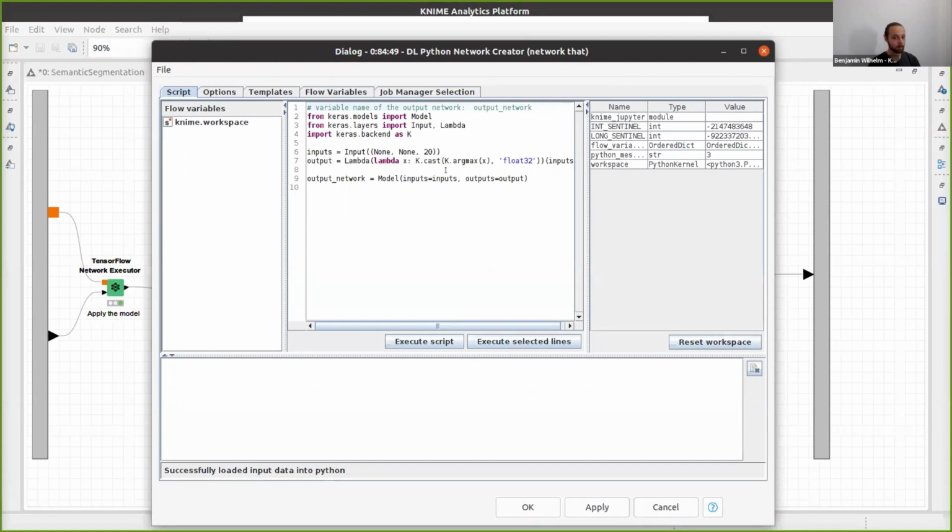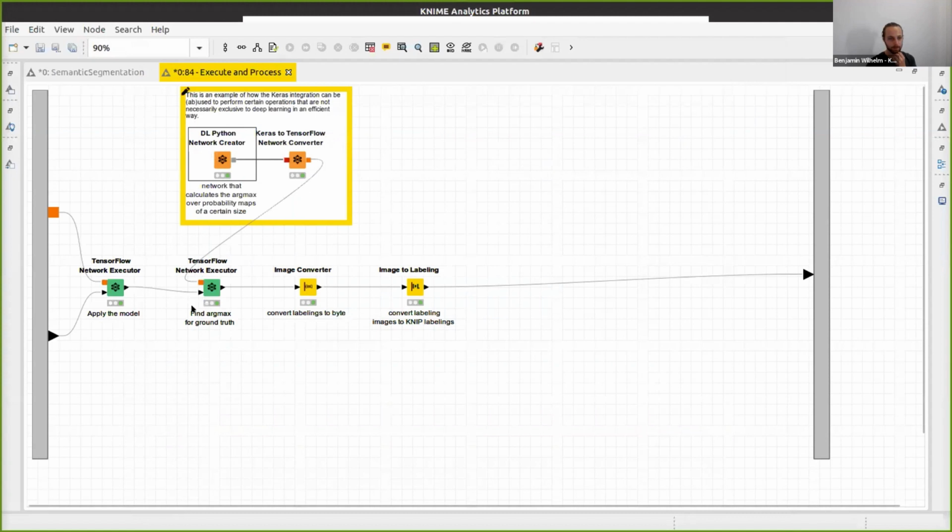So the last layer which takes one hot or a probability distribution and then outputs the highest probability class. So this is this layer with the argmax function, and we do nothing else, just input this layer and output it, and then convert it to a TensorFlow network again, and use it to get our ground truth segmentation for the ground truth data with this network executor.